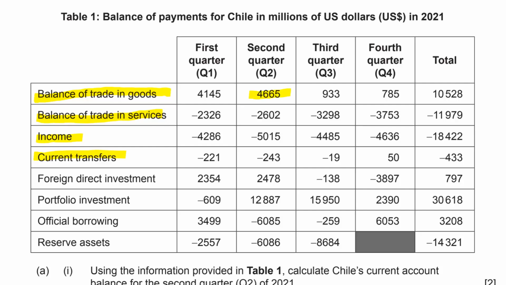So essentially, we're going to get these 4 figures over here, which is 4,665, minus 2,602, minus 5,015, minus 243. So that's going to be our current account balance in the second quarter of 2021.